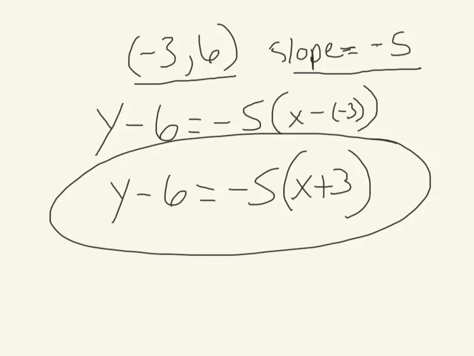Now, how would we go about graphing it? That's an excellent question. Well, let's do that now. All right, so our equation was y minus 6 equals -5 times x plus 3.